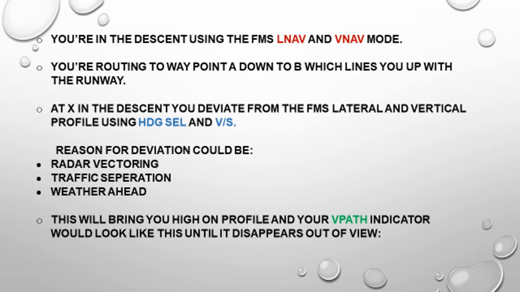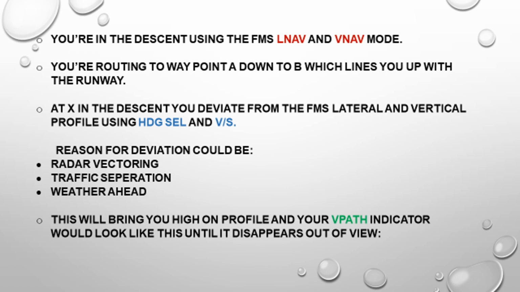As I said in the previous slide, you are in the descent using the FMS LNAV and VNAV mode. You are routing to waypoint A, down to B, which lines you up with the runway. At X, there is a deviation from the published lateral and vertical profile, and the pilot would intervene using heading select and vertical speed.